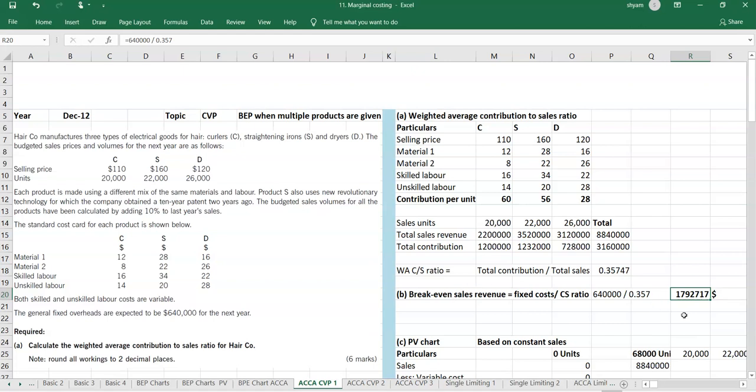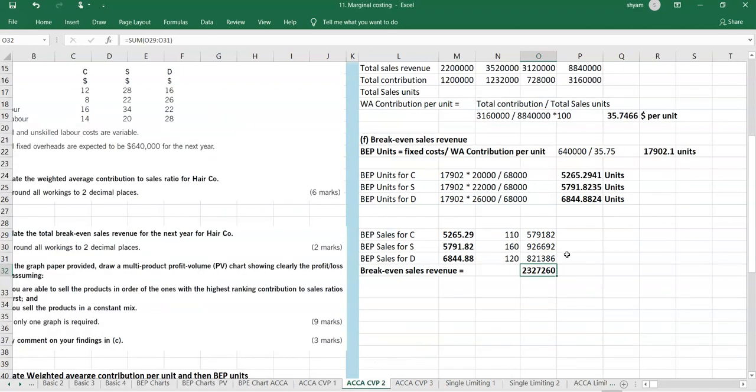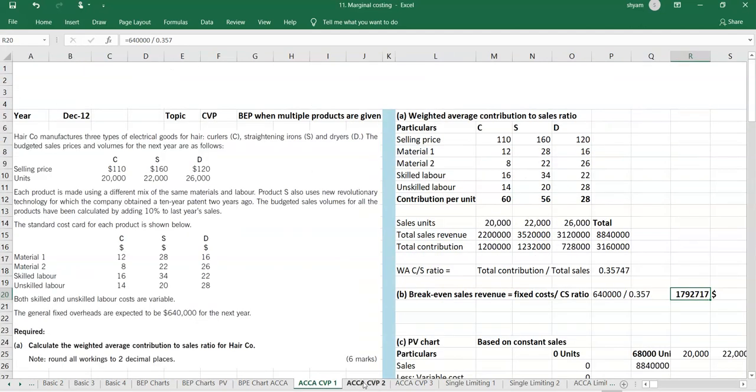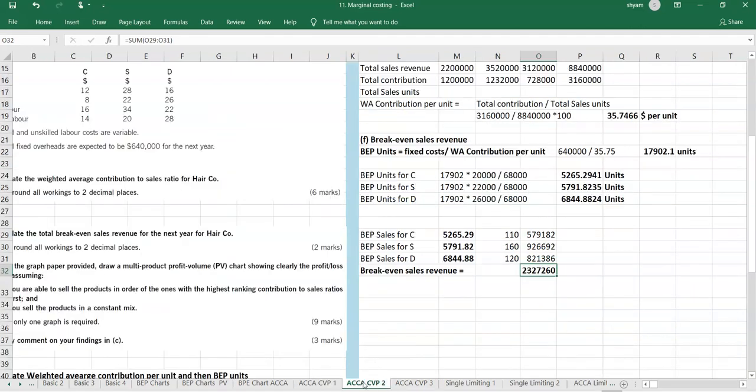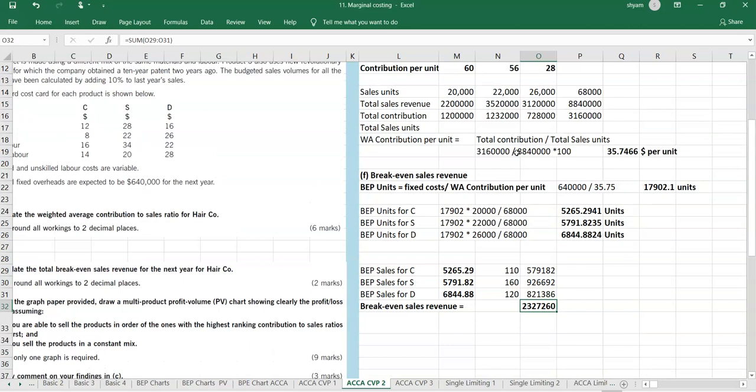Here we have a different break-even sales revenue. Let's check where we have gone wrong, or whether any multiplication is a mistake. Just wait. Okay, sorry, we multiplied it by total sales amount. We should have divided by total sales units, which is 68,000. So we did a little bit wrong thing.